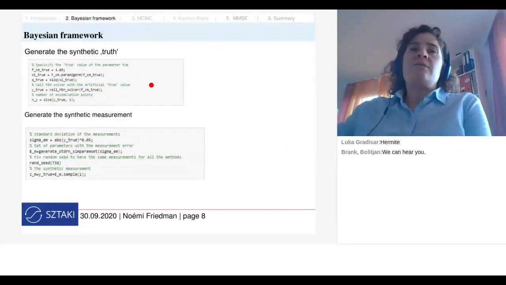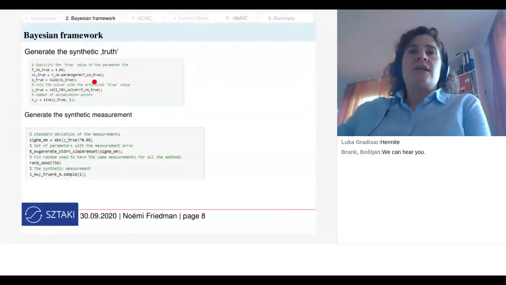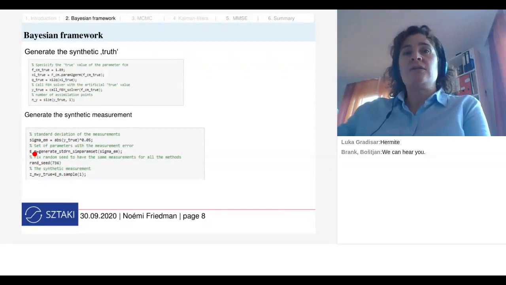And this is how I define my synthetic measurement, just so that you see how it's done. So I chose to have a true value. I mapped it to the Xi value through these maps that I have available. And I also defined a measurement noise model, which is this EM, which is a set of independent random variables with a certain standard deviation.